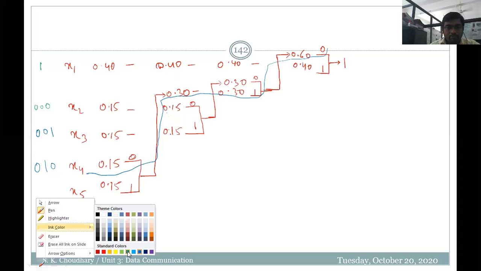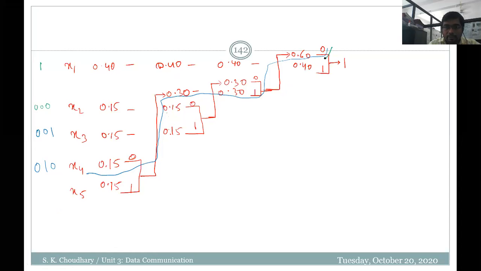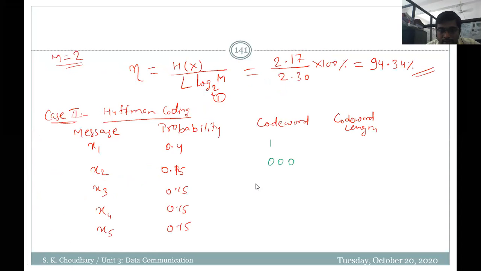What would be the path for this? It is 0, 1, then again 1. So it is 0, 1, 1. So we have to update this. X3 is 0, 0, 1.